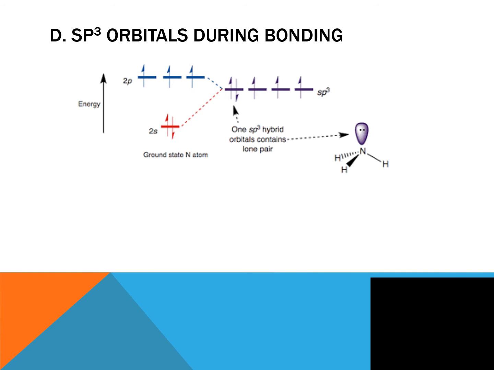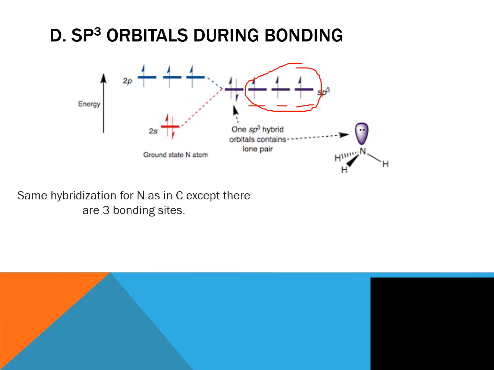So you can see here, 1, 2, and 3 sites where nitrogen can bond. So even though there's a lone pair, there's no bonding, it's still a hybridized electron shell. So same hybridization for nitrogen as in carbon, except there's only 3 bonding sites. So even though there are 3 bonds, it still contains sp3 hybridization, because that's the outer electrons of nitrogen.